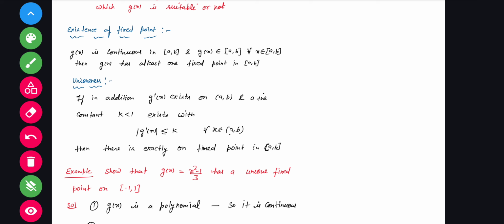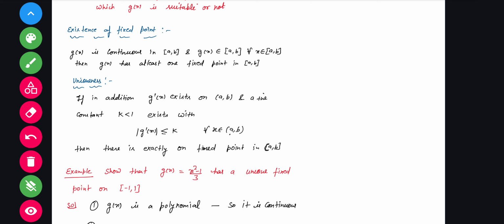g of x converges, and this proves that there is a unique fixed point in that interval. That thing is only proven when the above conditions are already proved. If the above conditions are proven, then we can use this third condition to prove that there is only one unique fixed point in that interval.